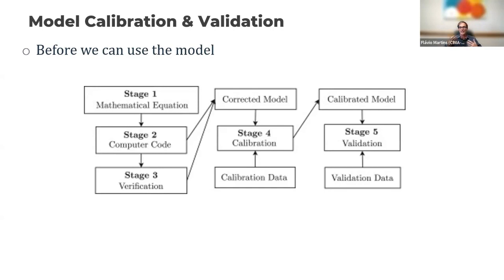So basically, the steps to have a model that can be used are: first identify the equations, create a computer code, verify the model with tests, simple tests usually, then correct the model, and then stage 4 is calibration.